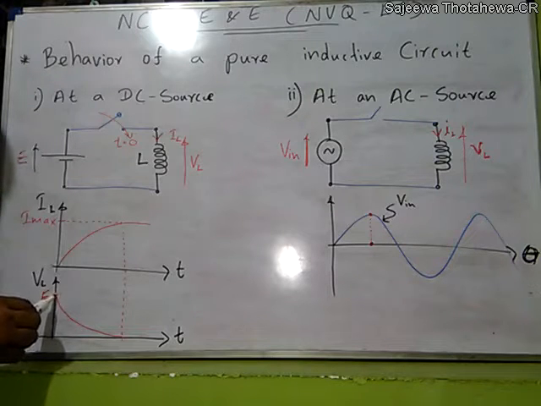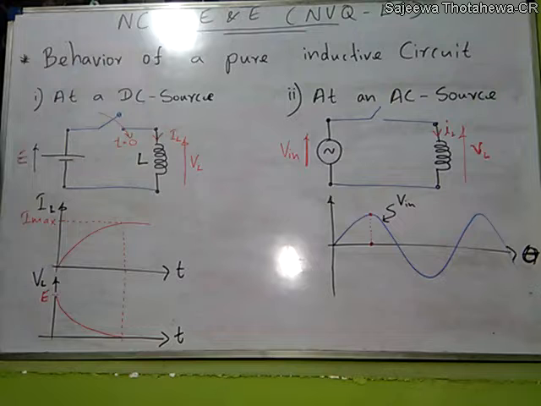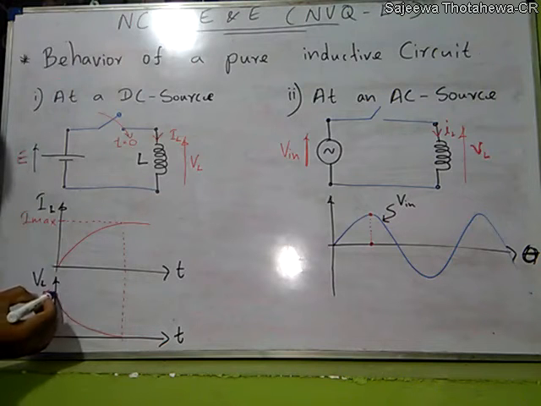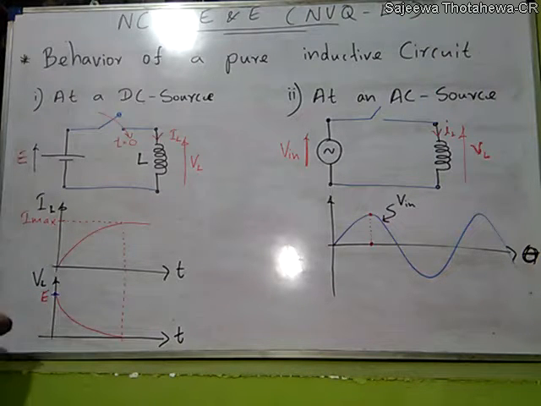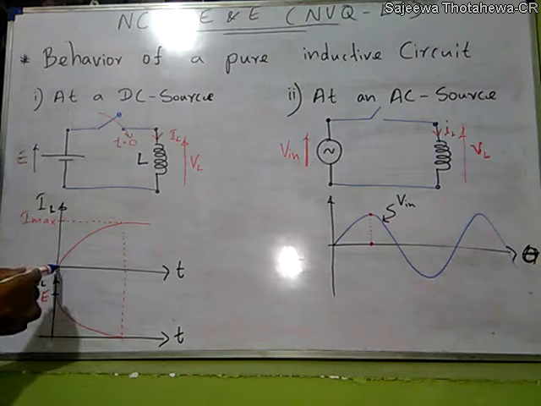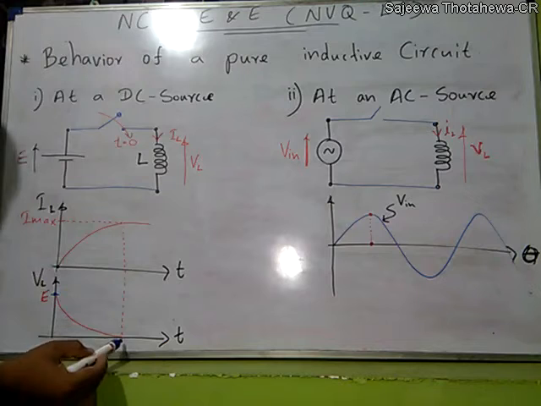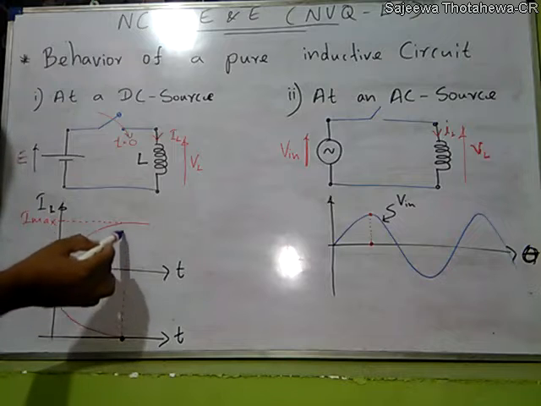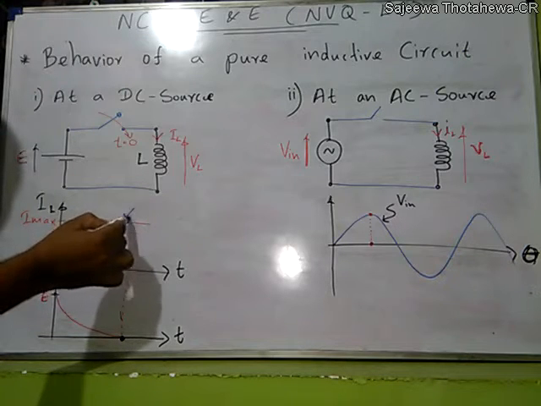At the initial voltage, that means at E, the current through the inductor is 0, and then at 0 inductor voltage, the current through the inductor will be maximum.